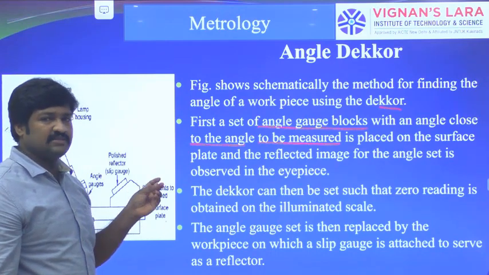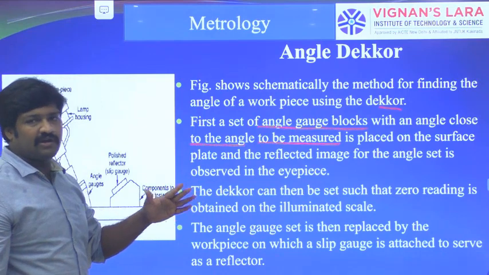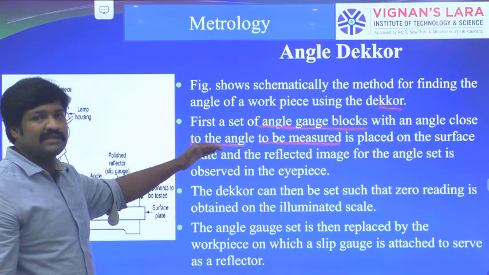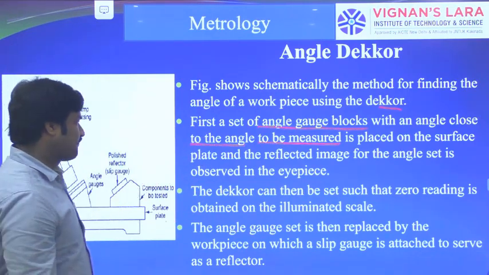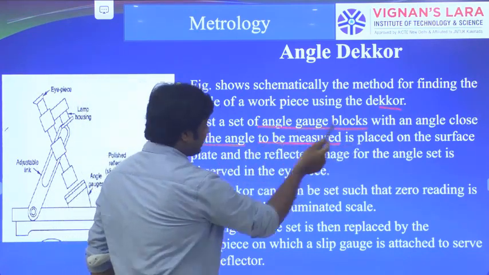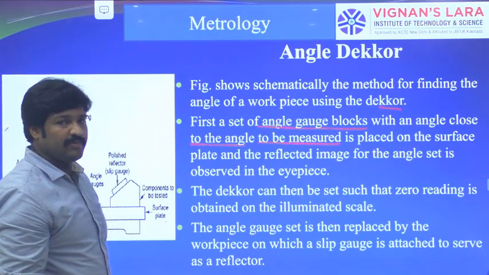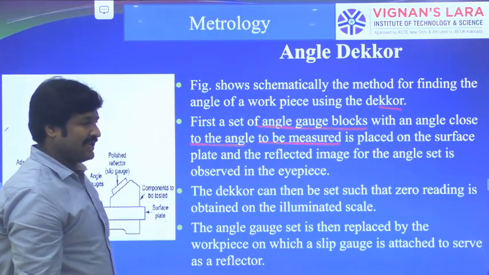If it is 46, then we will take 45. If it is 10, we will take nearby 10 or 9 or whatever it is. So a nearby angle can be taken for this purpose. So nearer to the angle to be measured, we are keeping those angle gauges.